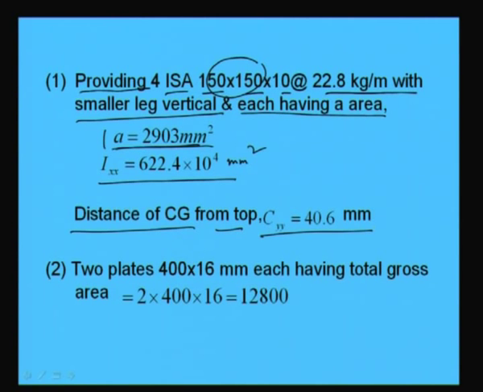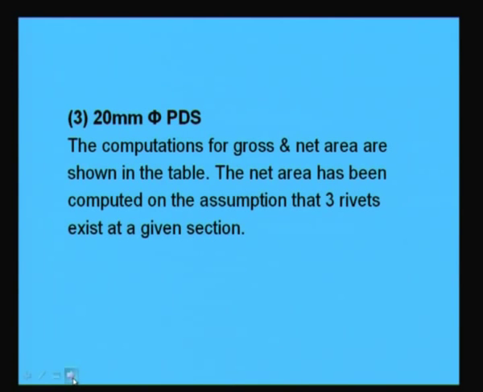40.6 millimeter. Now, if we use 2 plates of 400 by 16 mm each, the total gross area will become 12,800 millimeter square, 2 plates of 400 into 16 mm. So, this will become 2 into 400 into 16, right.